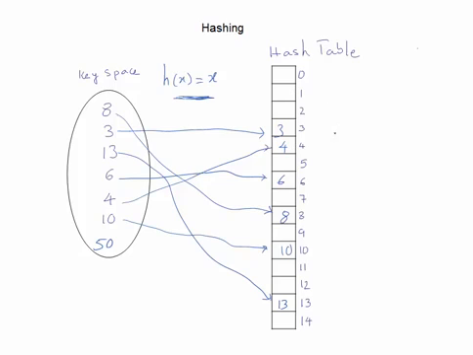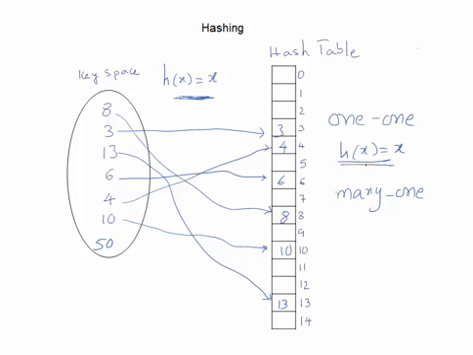So if we see the properties of functions, there are two types of functions: one-to-one function and many-to-one function. These are the two type of cardinalities followed by functions, and h of x equal to x is a one-to-one function.